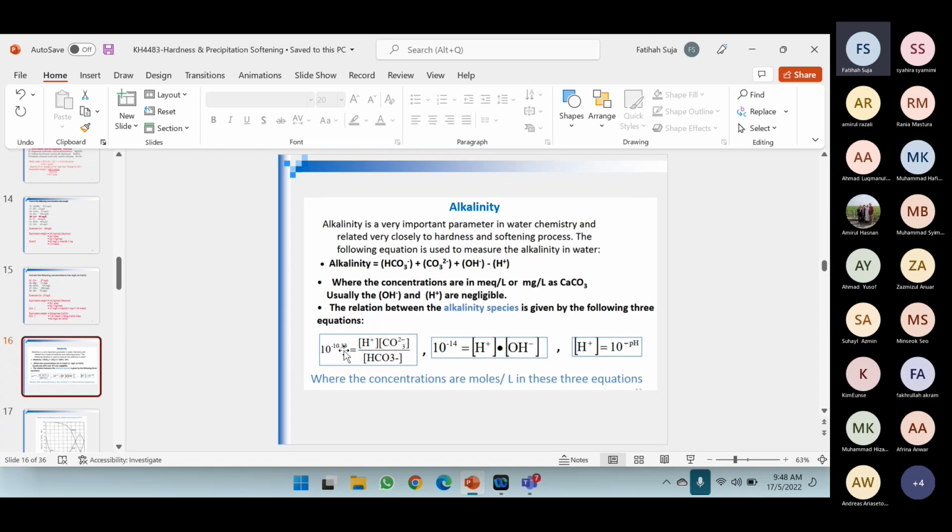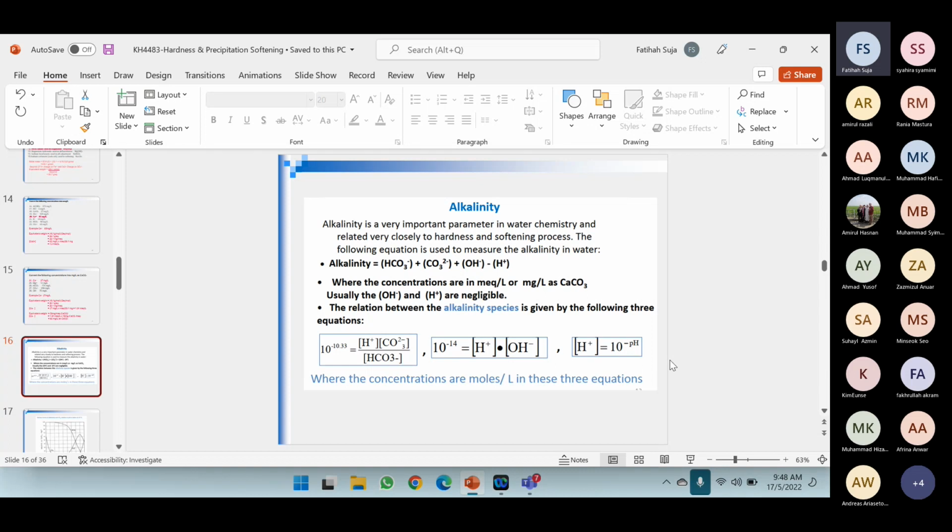So this is the alkalinity, meaning that the pH is greater, from 8 to 14, meaning that the pH is not in the acidic range.